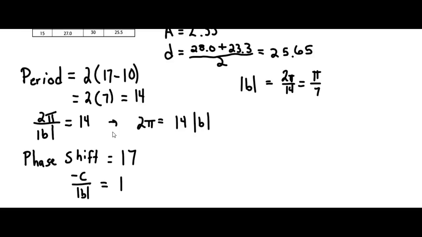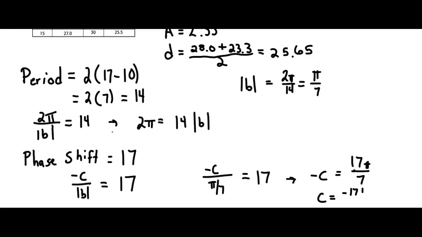So 17 is negative c over b. We decided that b was pi over 7. So negative c over pi over 7 equals 17, which means that negative c equals 17 pi over 7, or c equals negative 17 pi over 7.